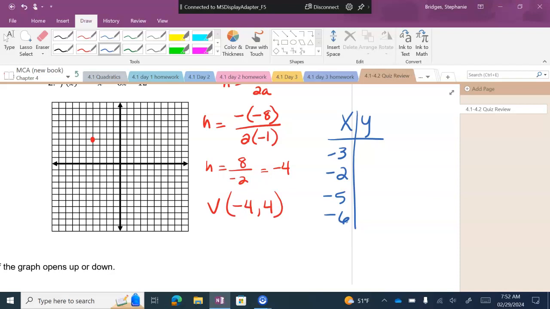I'm going to start with negative 3. Then we square. What's negative 3 squared? 9. Okay, keeping that there. Negative 1 times 9 is negative 9. Negative 8 times negative 3 is a positive 24. Negative 9 plus 24 is 15, and 15 minus 12 is going to be 3.